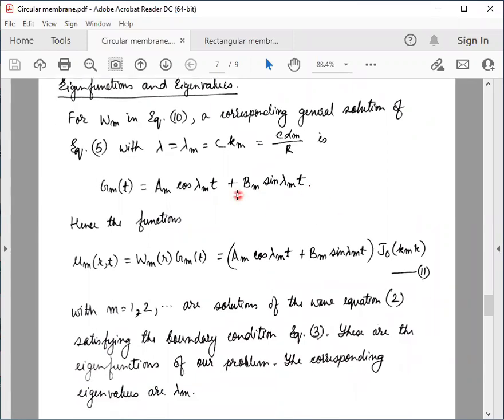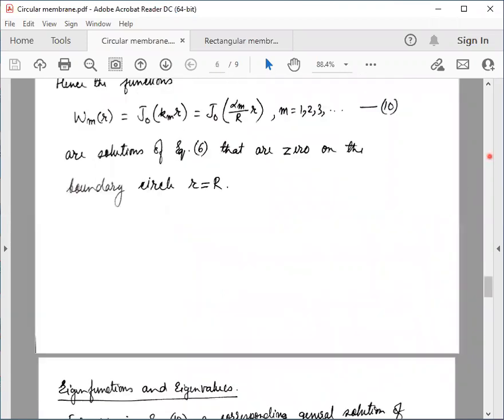Hence, we substitute the value of Wm and Gm. So then we get Um(r,t) is equal to Wm multiplied by Gm, with m equal to 1, 2, 3, and so on. So these Ums are solutions of the wave equation satisfying the boundary conditions given by equation 3.